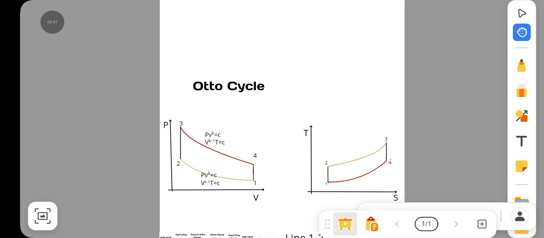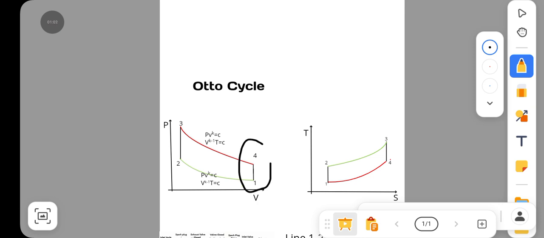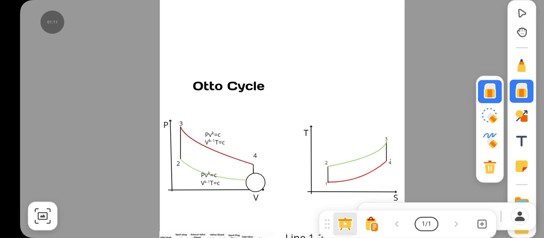From the graph of pressure to volume, we note that from 4 to 1 we have constant volume. But from 1 to 2 we have a decrease in volume. The volume is decreasing isentropically.